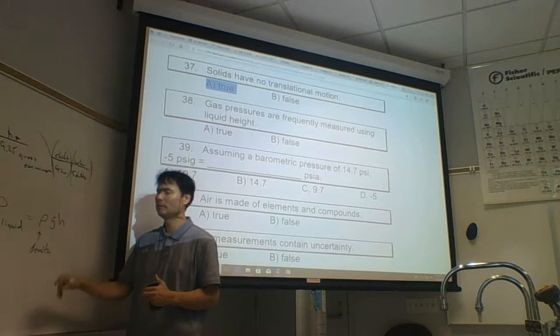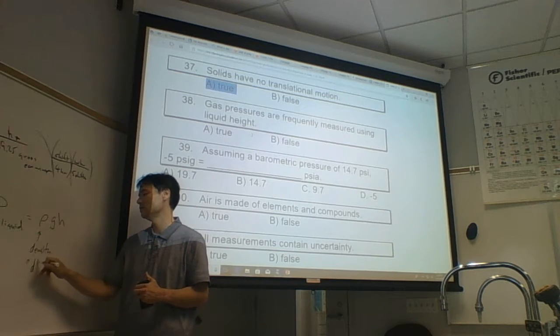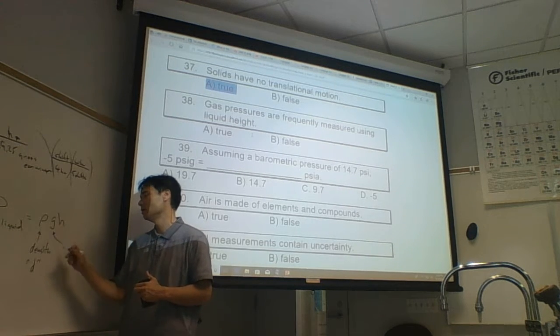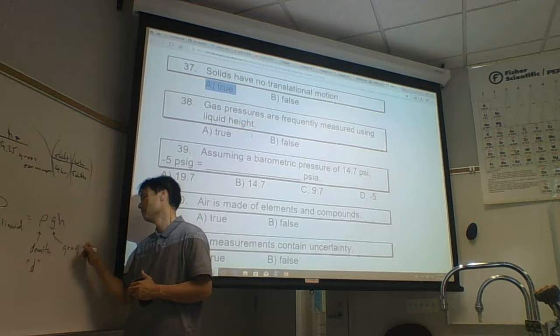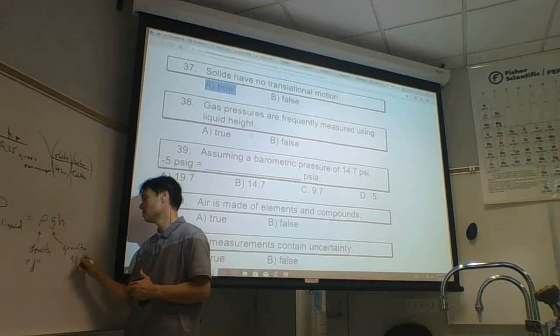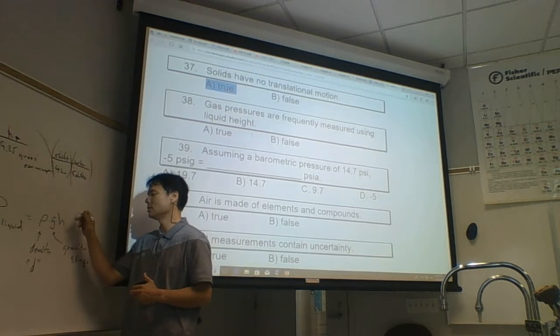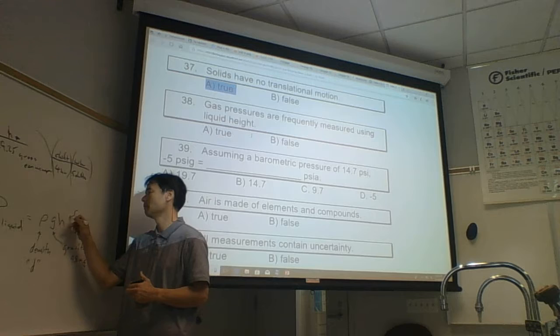Different books will use different symbols. I should say d g h. G is gravity. Gravity is a constant at a certain height, 9.8 meters per second squared. And what is h? Height.